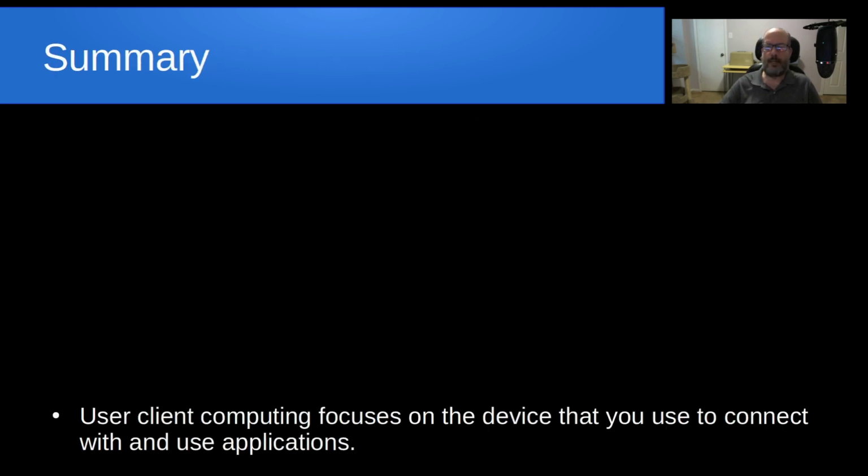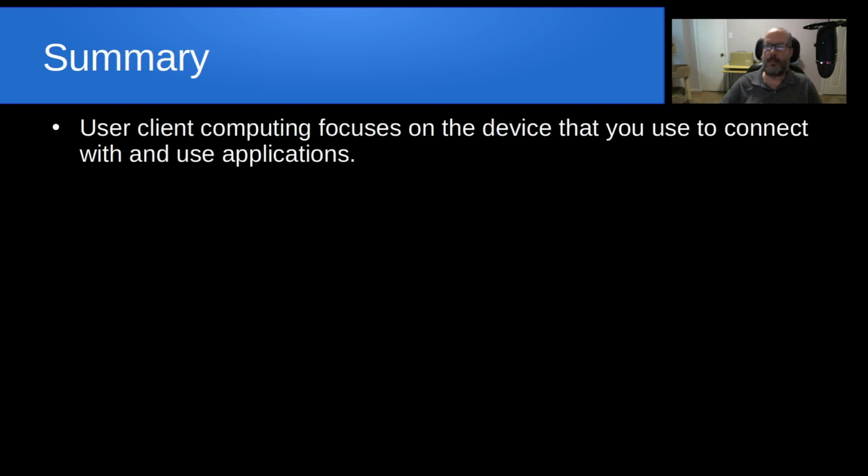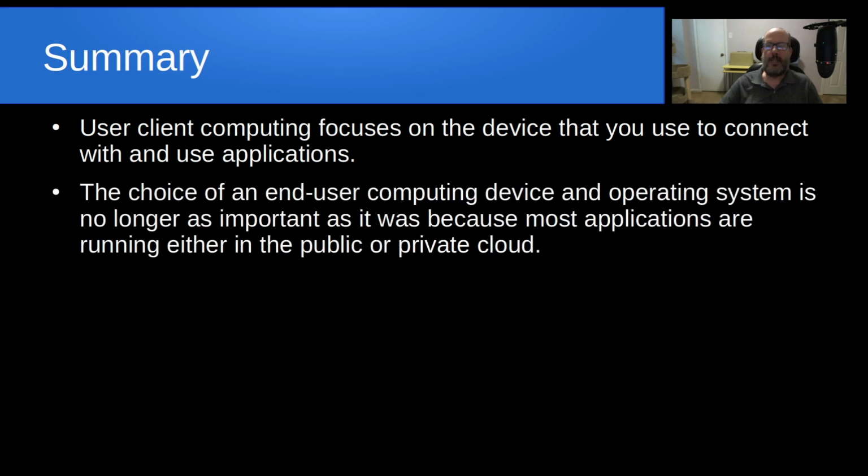So in summary, user-client computing focuses on the device that you use to connect with and use of applications. And the choice of an end-user computing device and operating system is no longer as important as it was, because most applications are running either in the public or private cloud.